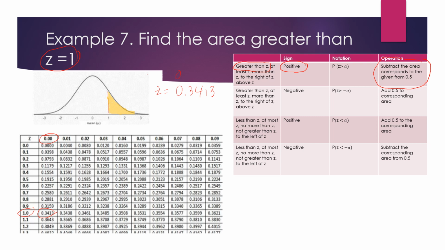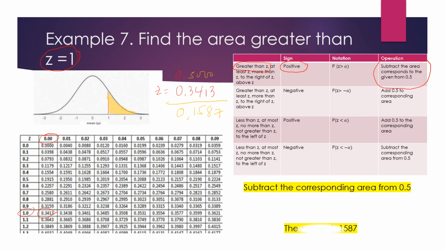So therefore, 0.5000 minus 0.3413 is equal to 0.1587. Subtract the corresponding area from 0.5 and the result is 0.1587.